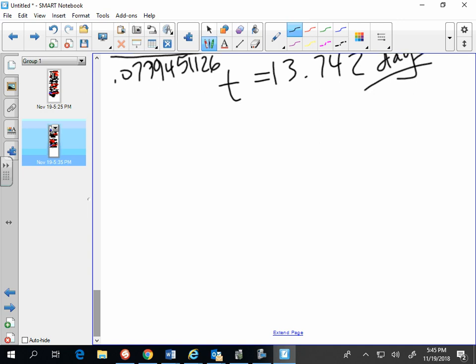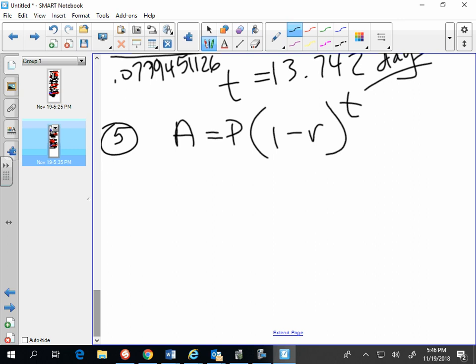Okay, problem number 5. My car depreciates at 6% per year. Okay, so now this is one of those places where we've just done a ton of PERT problems. And you could use PERT here, but I'm going to use this one, A equals P(1 minus r)^t, because they told me my car depreciates at 6% per year.